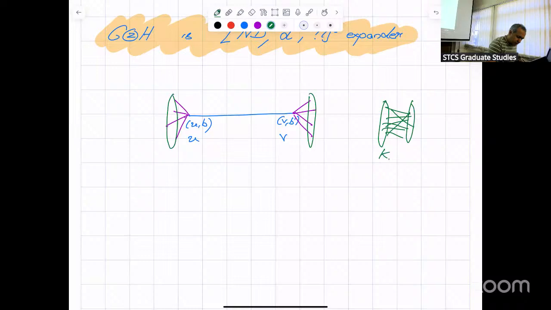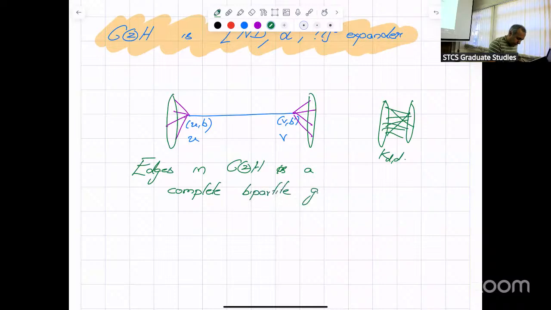So you put K_D,D. The edges in G zigzag H are a complete bipartite graph between the neighbors of B in the U cloud and B prime in the V cloud.